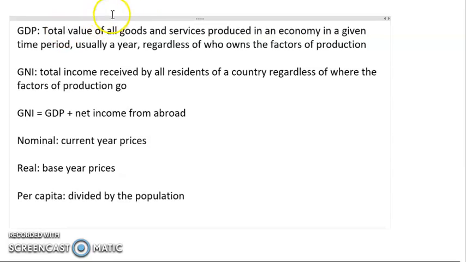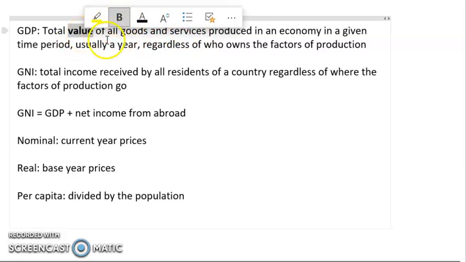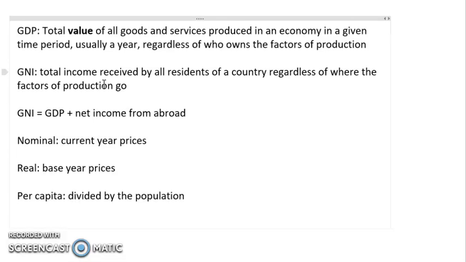So GDP is the total value of all goods and services, right? That could be cars, airplanes, and notice the word value. It's not the quantity, right? We're specifically looking at how much something is worth, because when you think about it, we're trying to measure how well a country is performing economically.